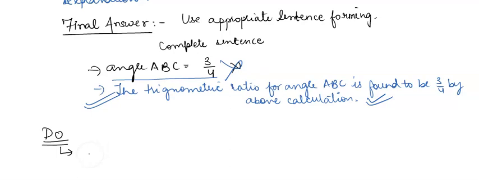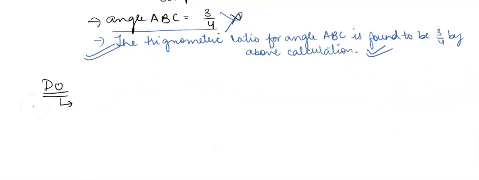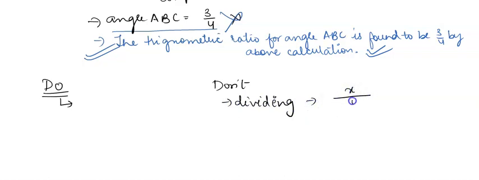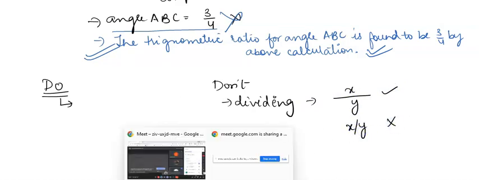And the don'ts are, you can't just use the keyboard for typing the equations or additions or calculations like this. Another don't is that instead of dividing, you have to use a proper fraction, but not this thing.